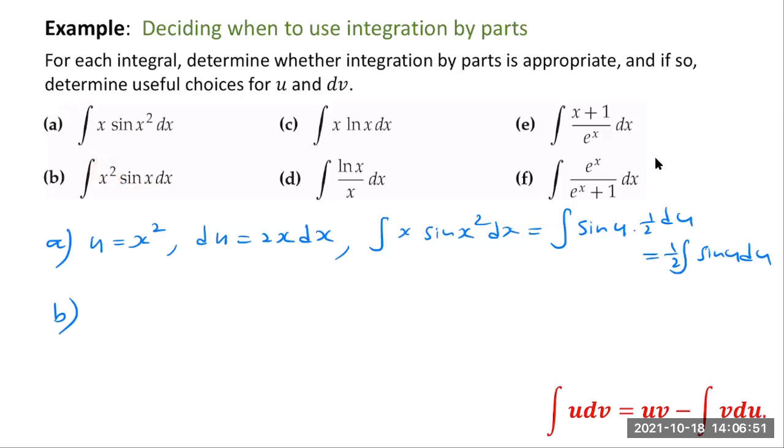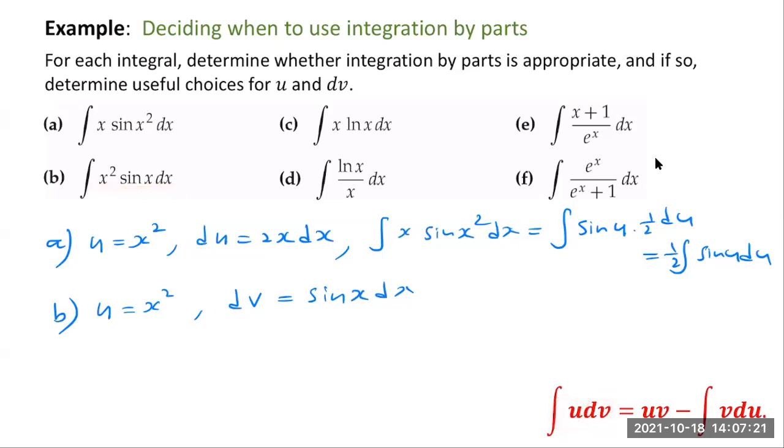So integration by substitution would not be a good strategy. But here we can use, again, integration by parts. To go with integration by parts, I'm going to take u equal to x squared and dv equal to the rest of the thing, sine x times dx.